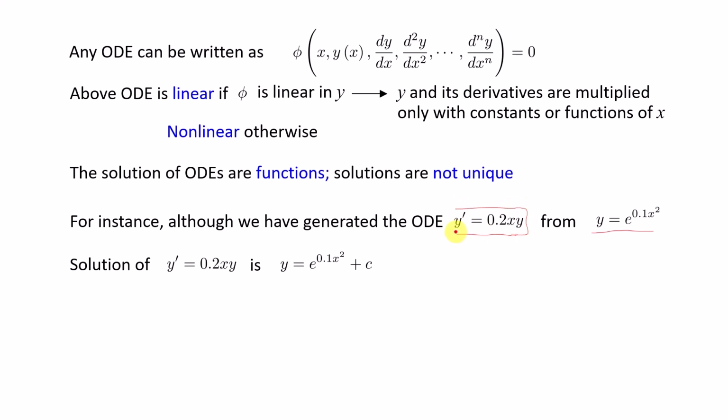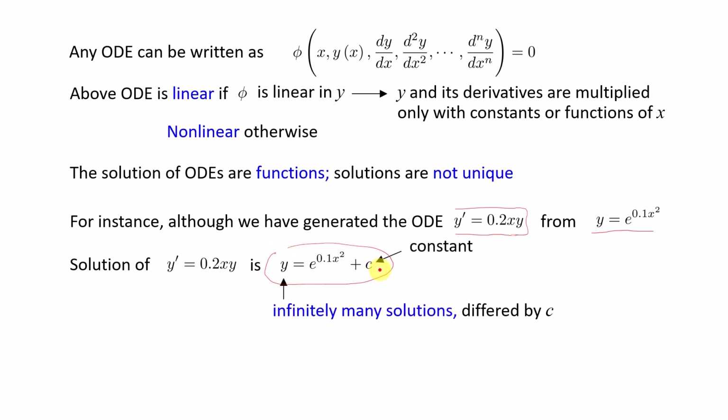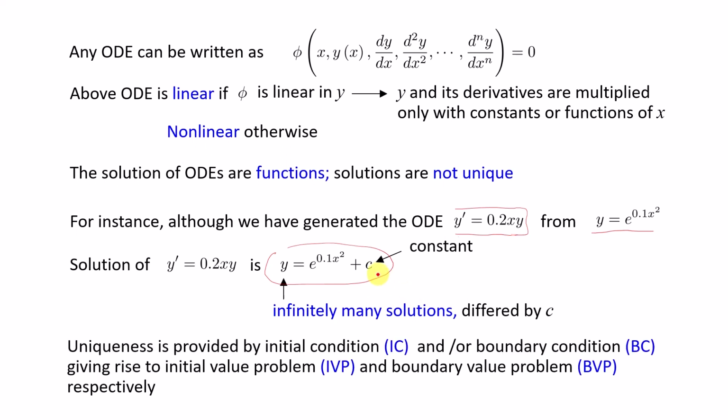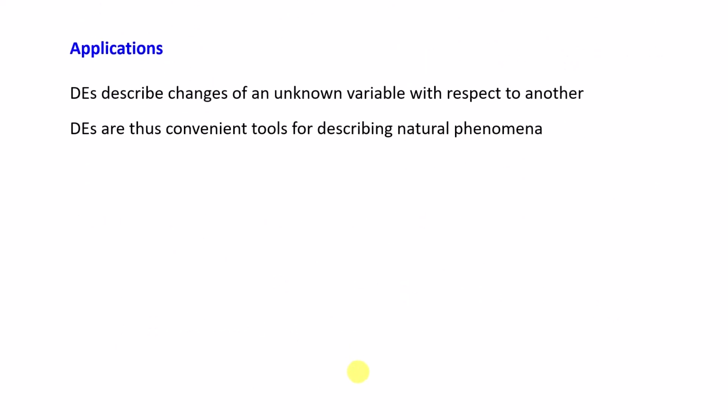The general family of solutions will be y equals e to the power 0.1 x square plus c, where c is a constant. Based on this constant, we can get infinitely many solutions of the ordinary differential equation. So uniqueness in the solution will be provided by the initial condition or boundary condition, and it gives rise to initial value problem and boundary value problem in differential equation.